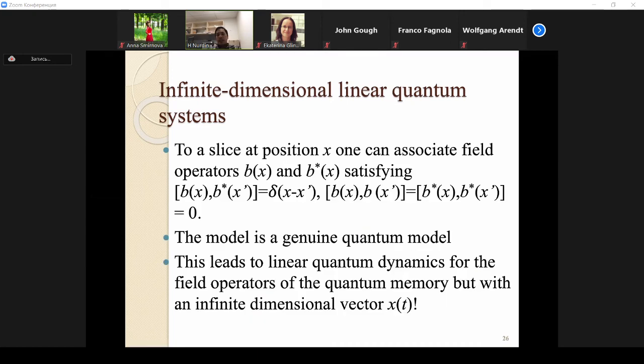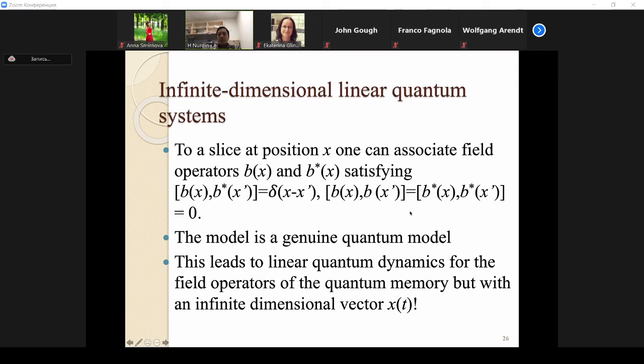For an infinitesimal slice at position X, we can associate a field operator Bx and B star X. These are again annihilation and creation densities along the length of the GEM, and they satisfy the singular commutation relation that we saw earlier for the boson fields, but now these commutation relations are in spatial position rather than in time.